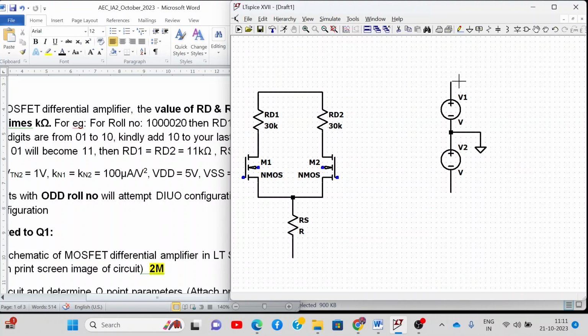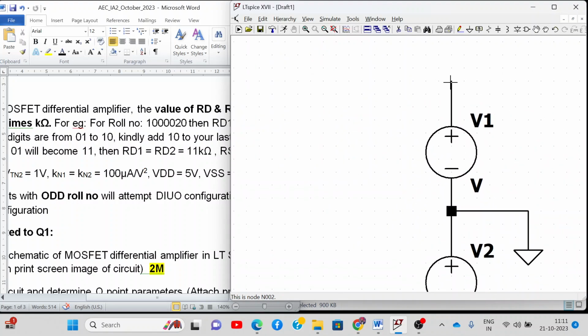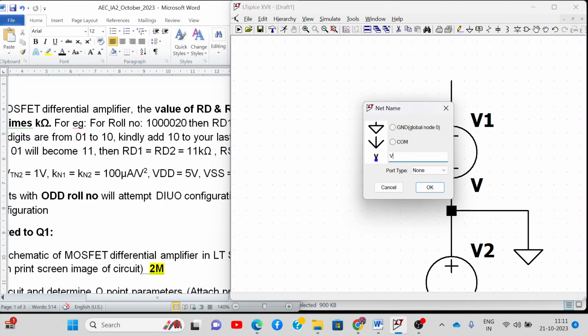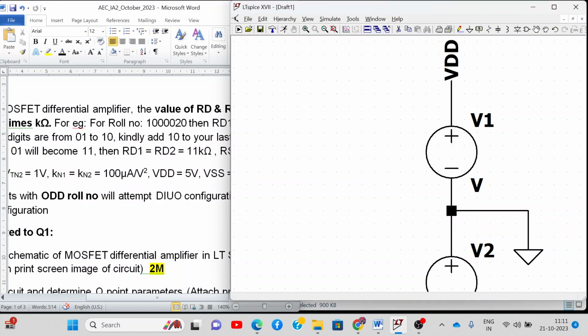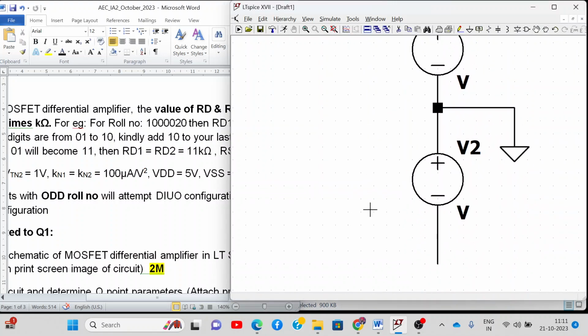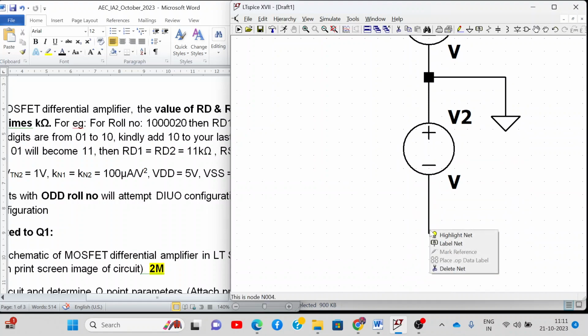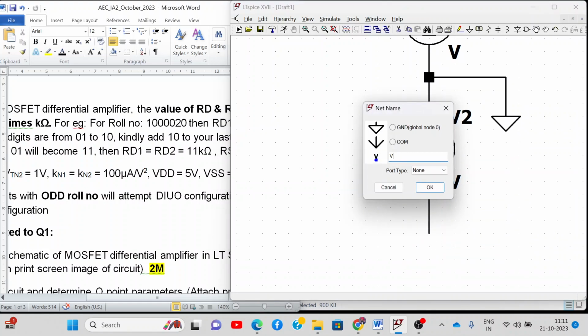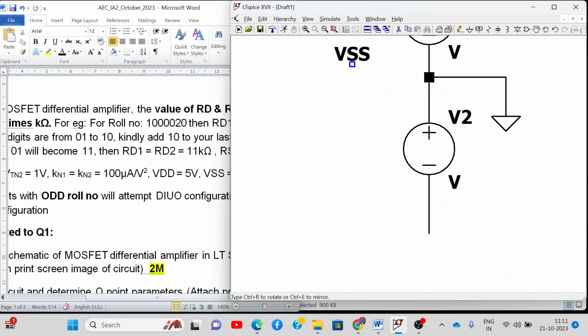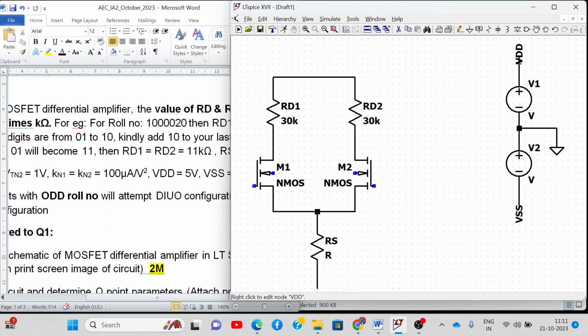Now see what I'm doing. You have to label the above terminal as VDD. You can do it like this or manually connect the wire, and label the below wire as VSS, like this. So what it means is here and here I'll get plus 5.